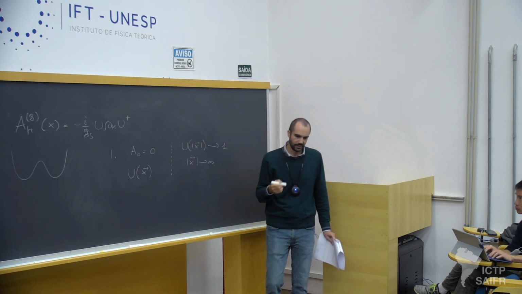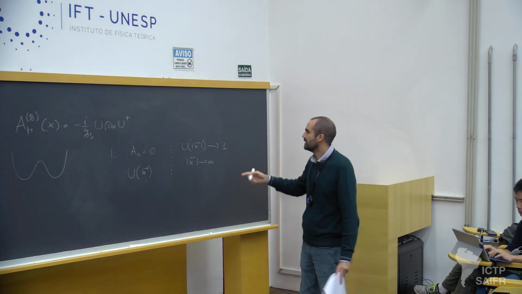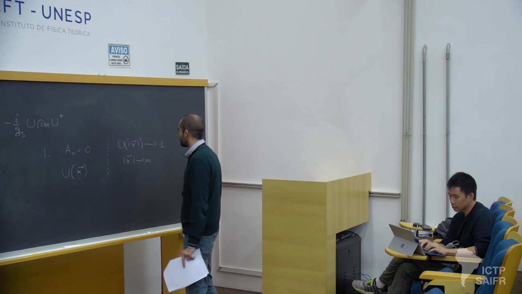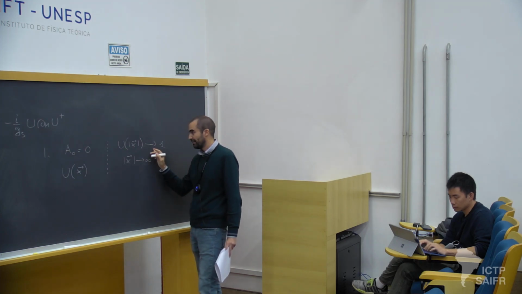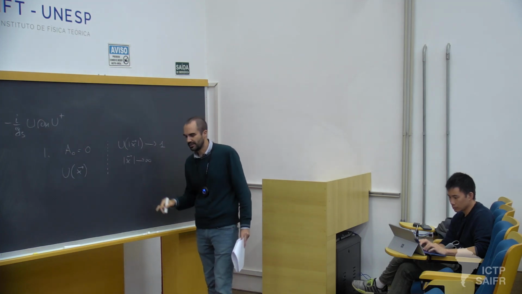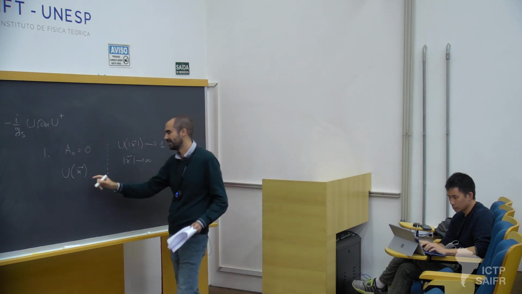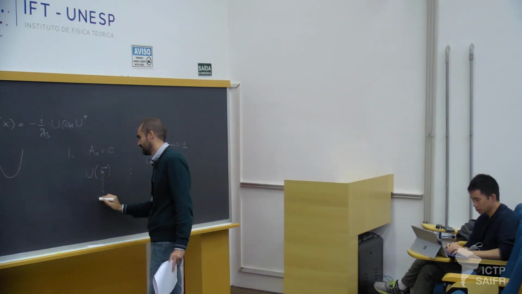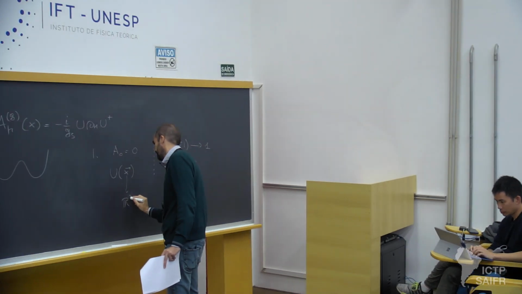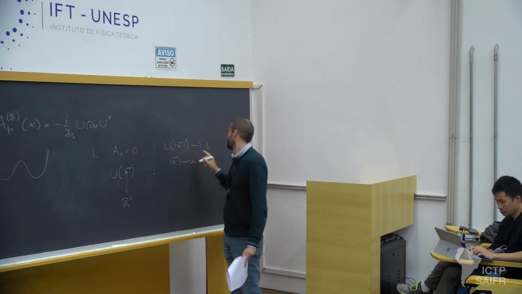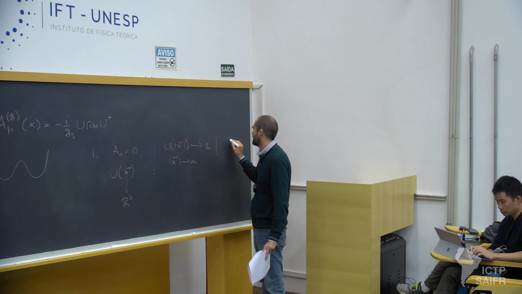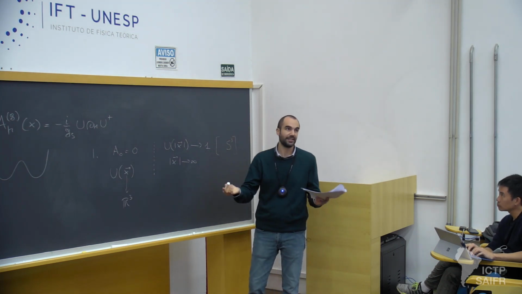Well, so this is a boundary condition needed for our solution to make sense. But effectively, this choice is compactifying our space. So we started by looking at R cube. But now one can show that we are looking at S cube. Okay? I'm not going to prove this to you, so we're looking at a sphere.